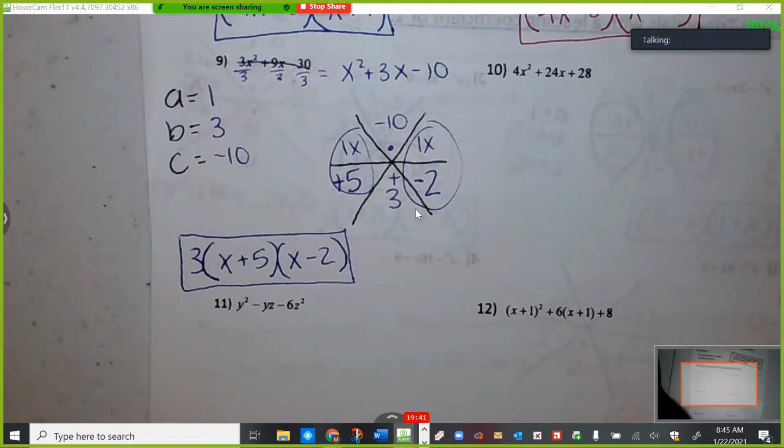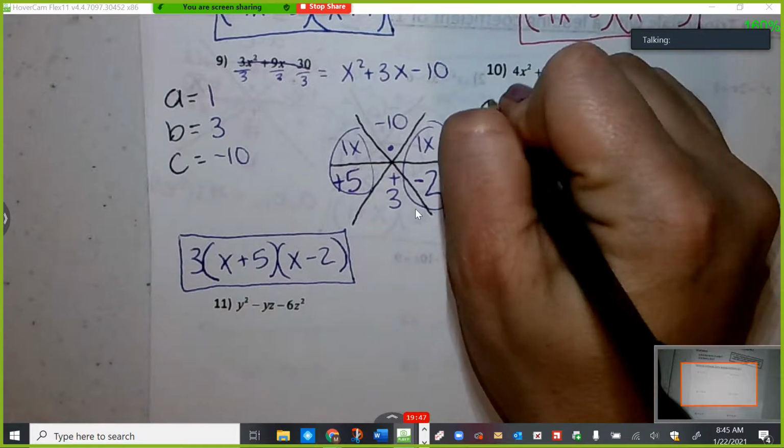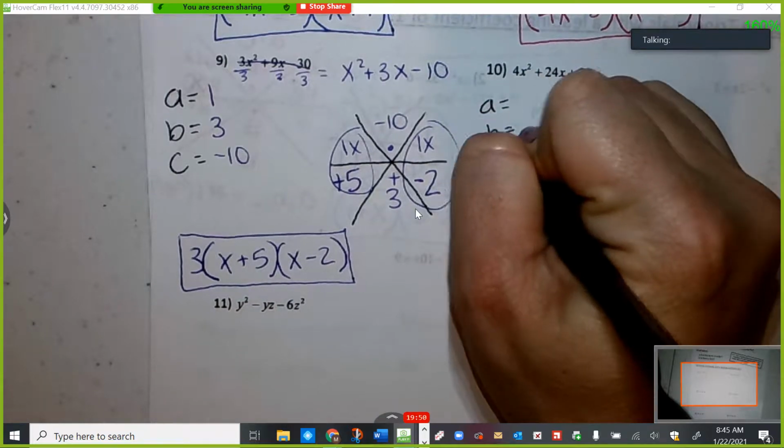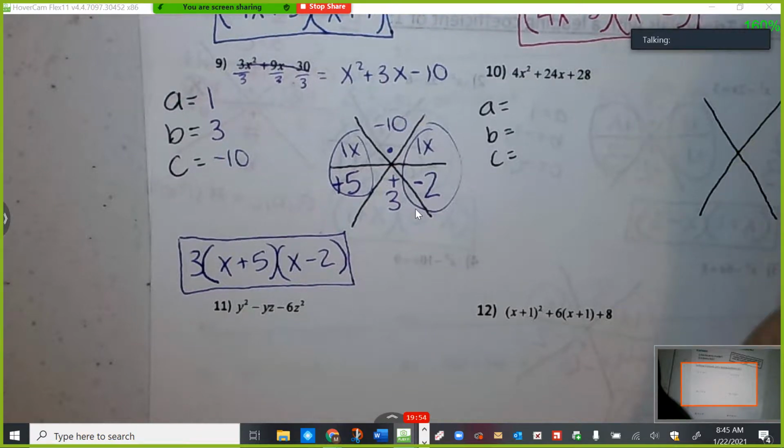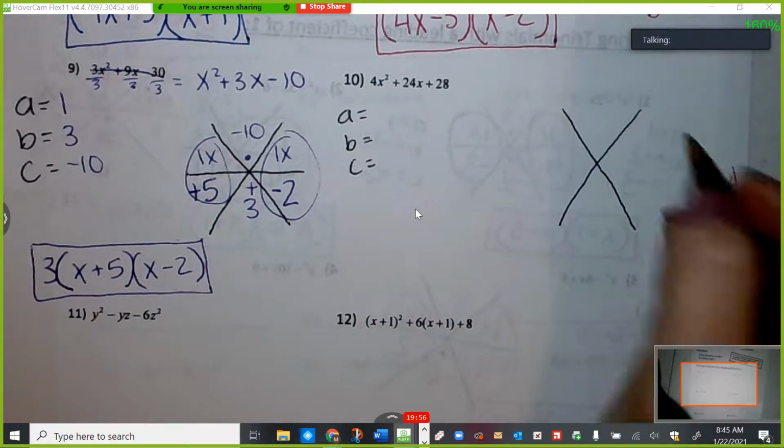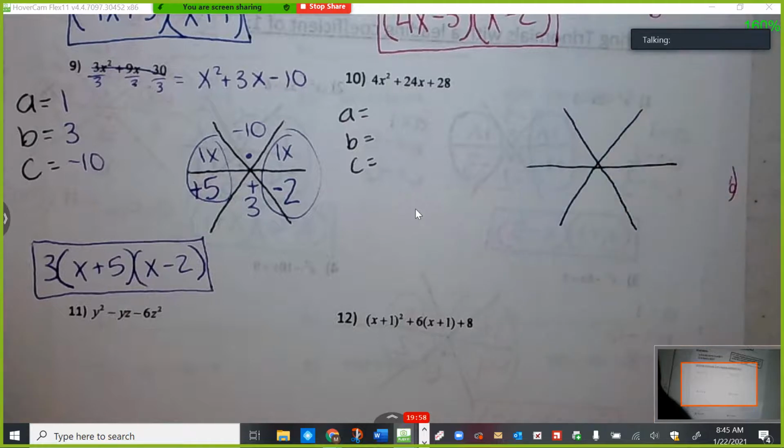Okay, so let's look at number 10. So first things first, is it in order?